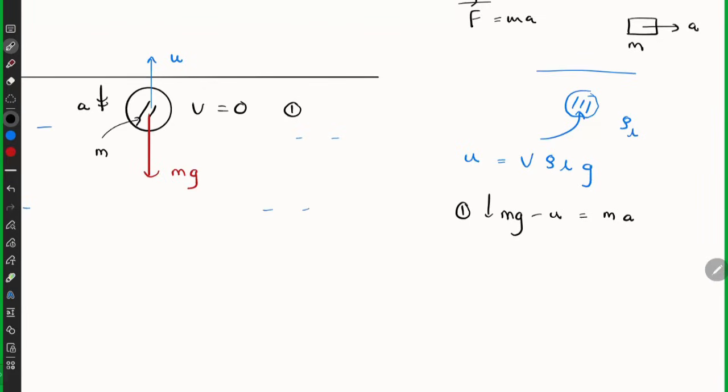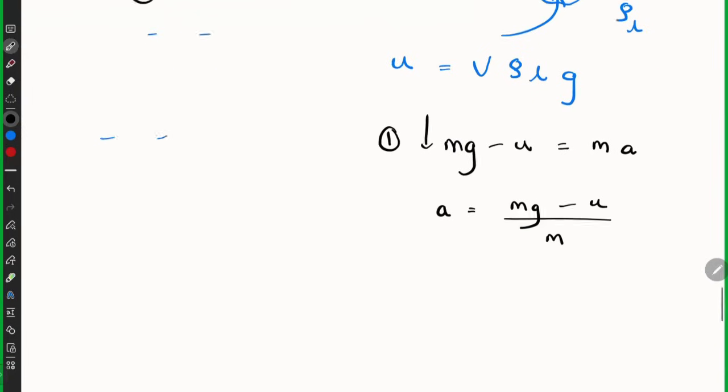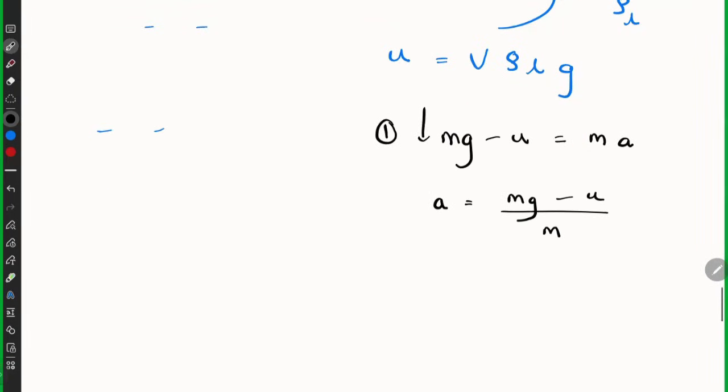So mg minus U equals ma, mass into acceleration. So now you can see what is the initial acceleration of the system. a equals what? a equals (mg minus U) over m.